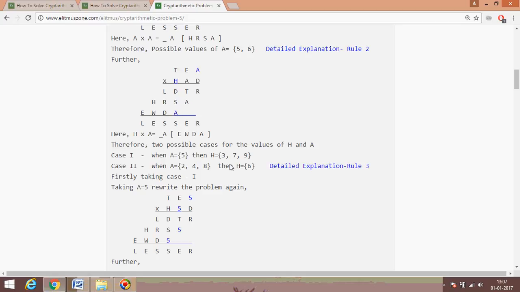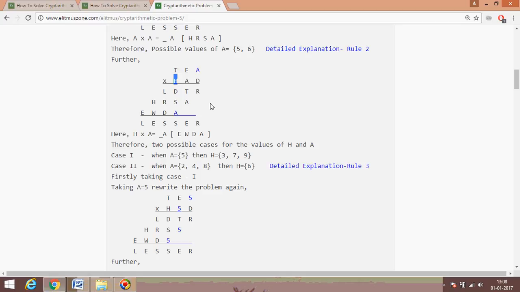Now the third condition is H is equal to 6 and A is equal to 8. 8 cross 6 is 48, the last digit is coming as 8. So A is equal to 8 here as well, taking the value of H as 6.